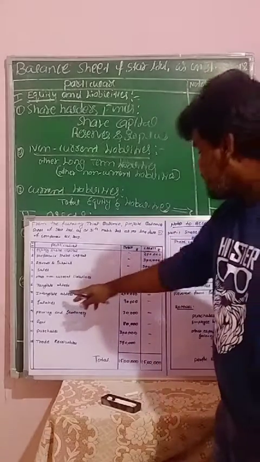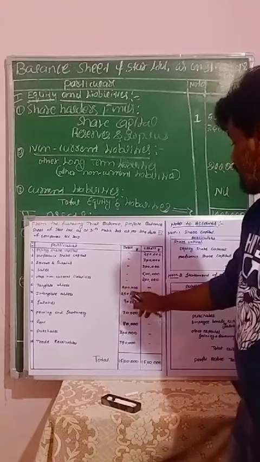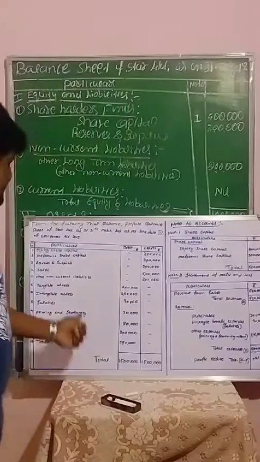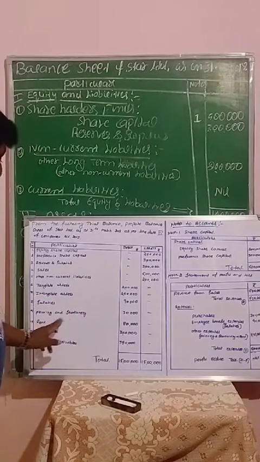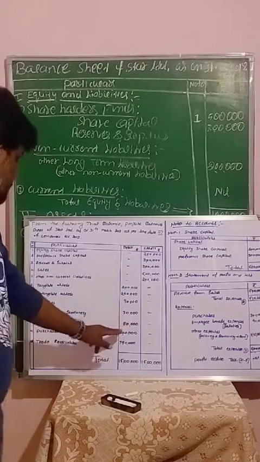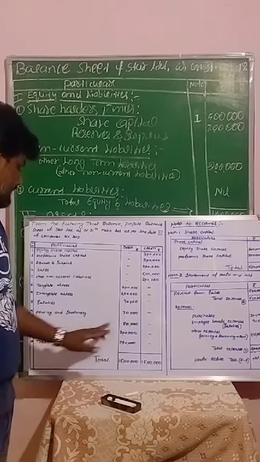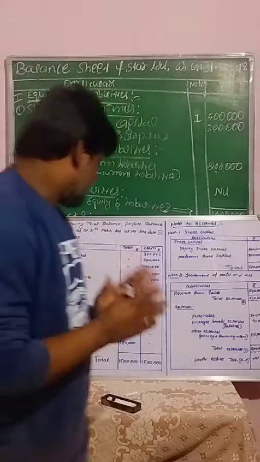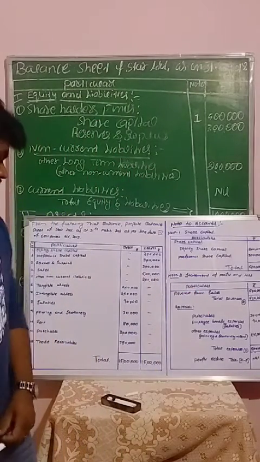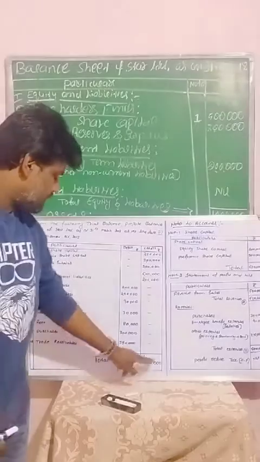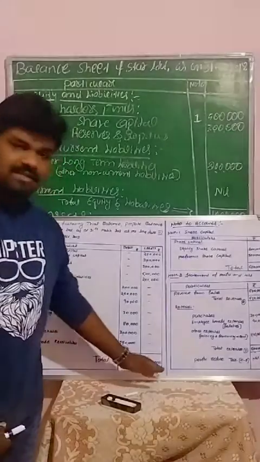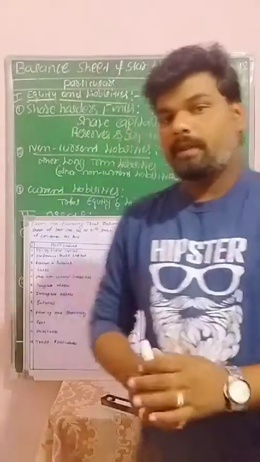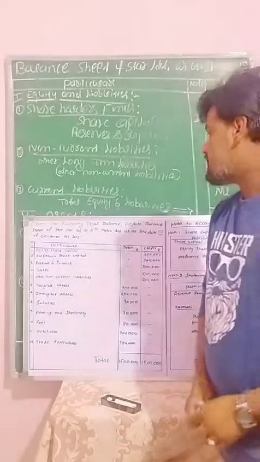Next, tangible assets 4 lakhs, intangible assets 2 lakh 50,000 rupees, salaries 30,000, printing and stationery 30,000, rent 80,000, purchases 3 lakhs, and trade receivables 3 lakh 50,000 rupees. In both columns the total is 15 lakhs on the debit as well as the credit side. This is the information given for the preparation of the balance sheet of Star Company.